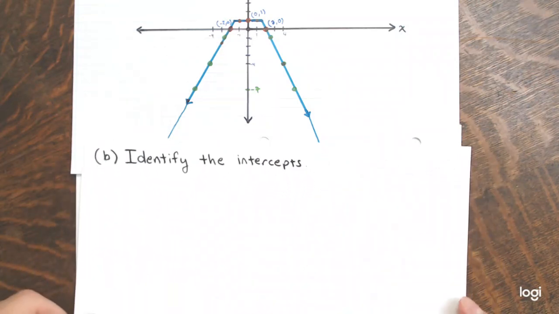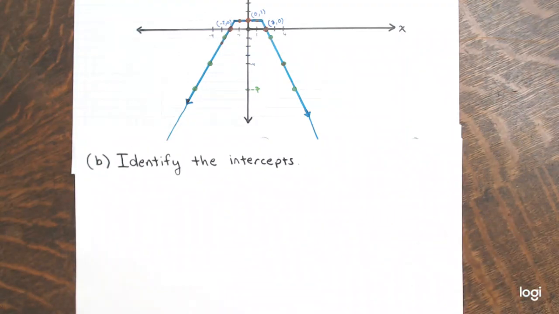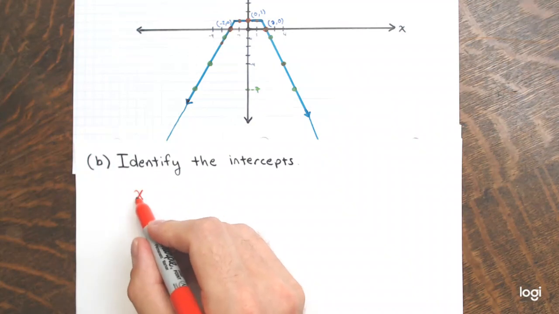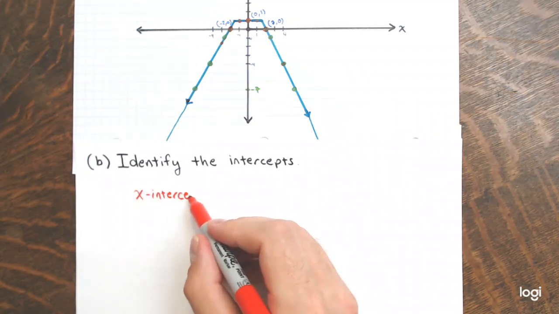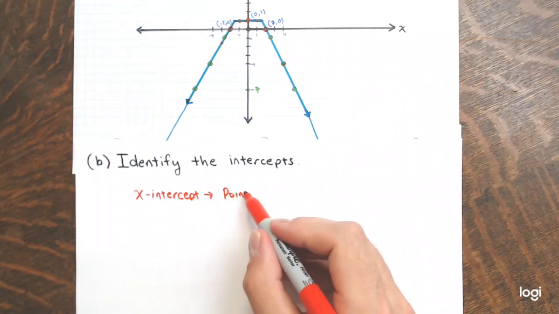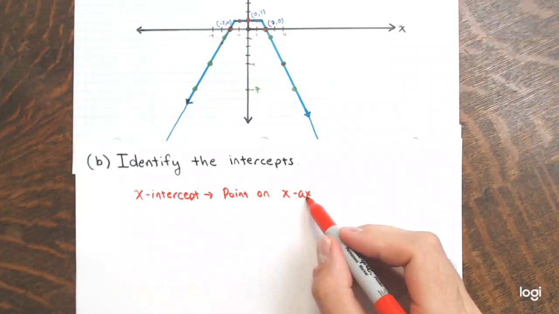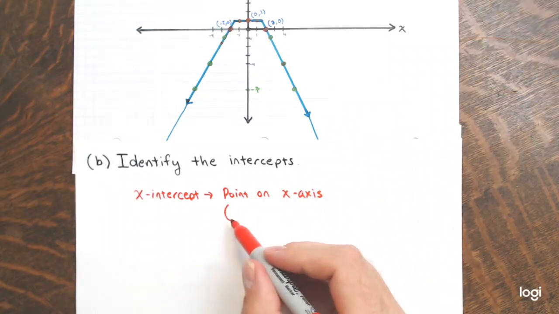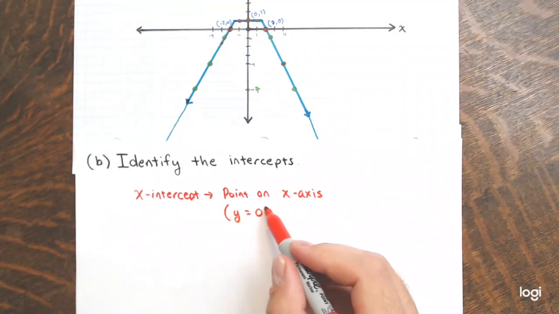Part B. Identify the intercepts. All right, so just a quick refresher, you have x-intercepts and y-intercepts for graphs. So an x-intercept is simply any point of the graph that's on the x-axis. And if you're on the x-axis, that means that the y-coordinate must be 0.